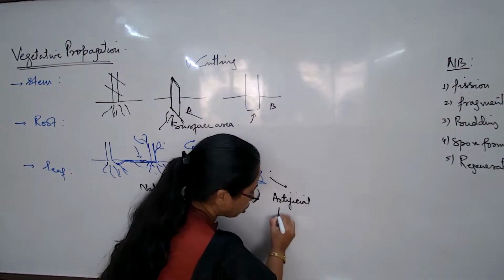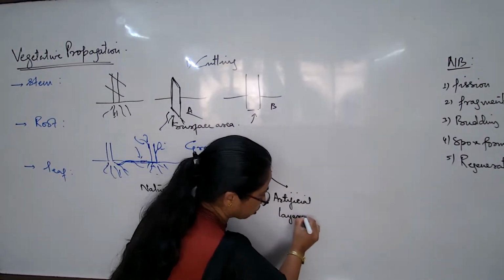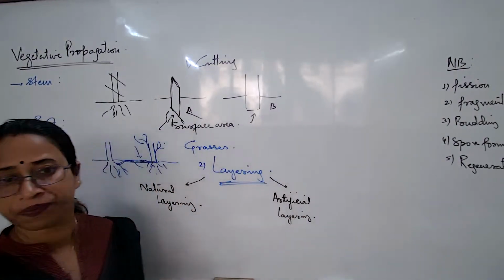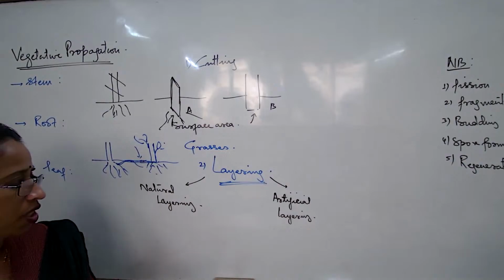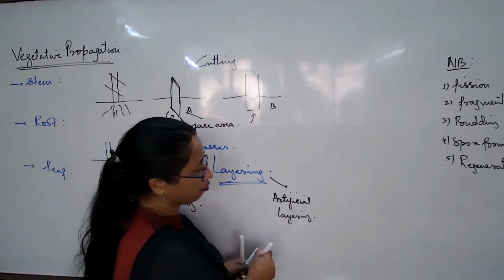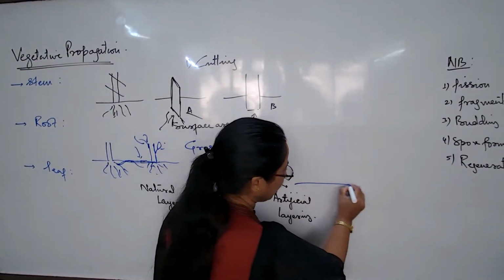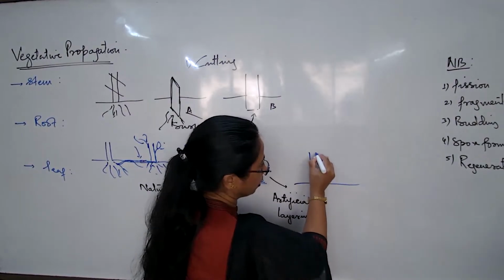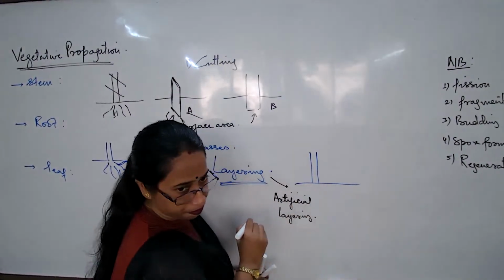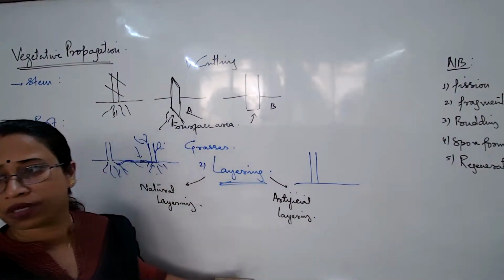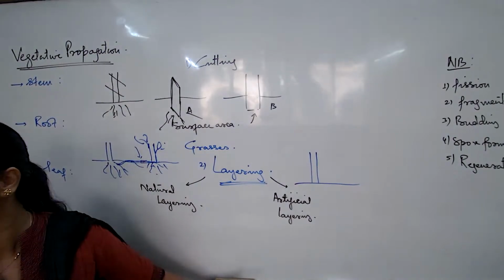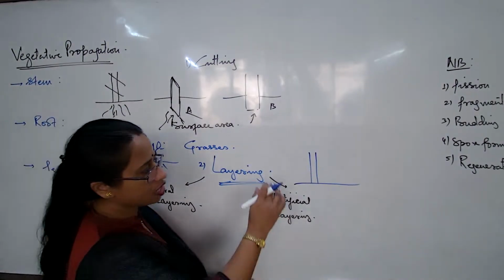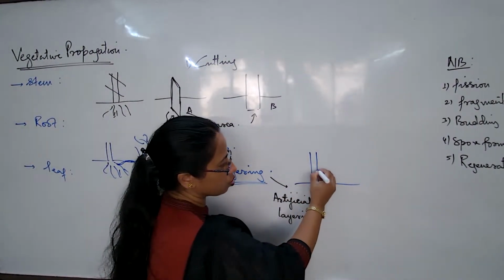So now, talking about the artificial process of layering. Now, in this type of plants, what would happen? In one such method, it is possible that this is a particular plant, majorly for shrubs, small shrubs. Now, this particular plant is giving rise to certain branches.